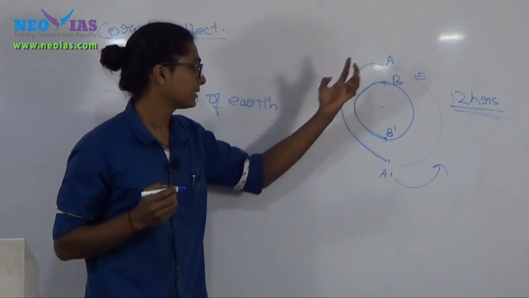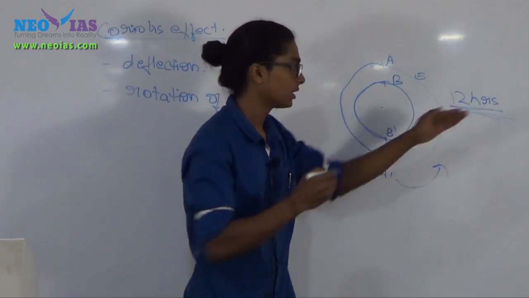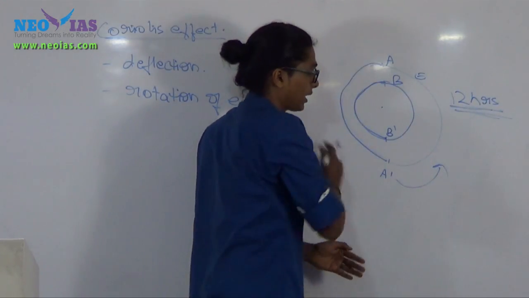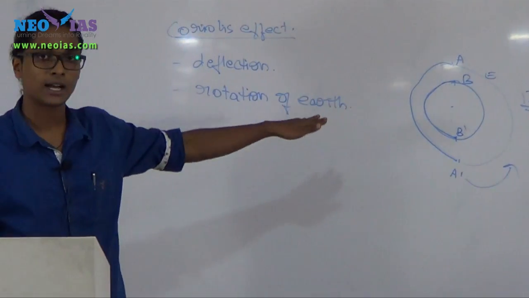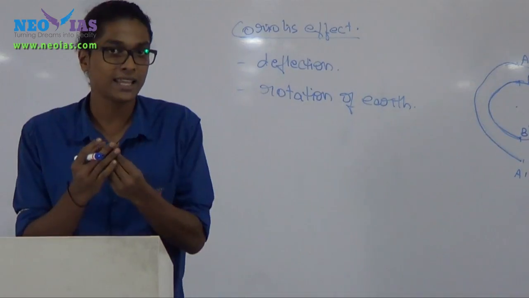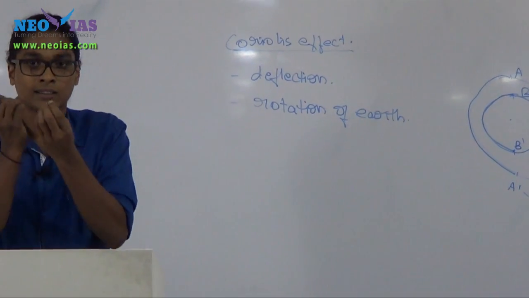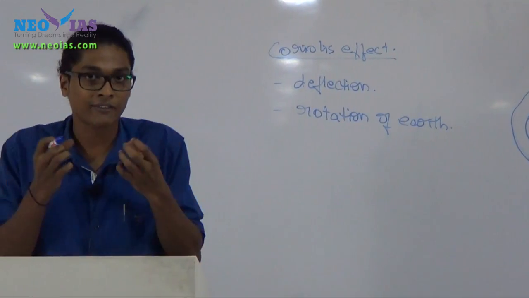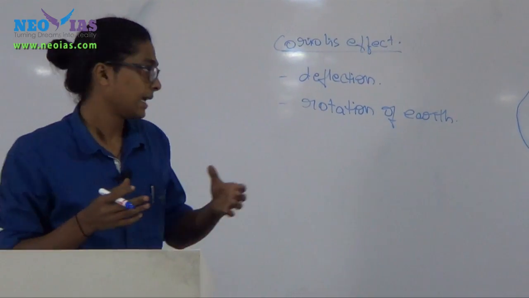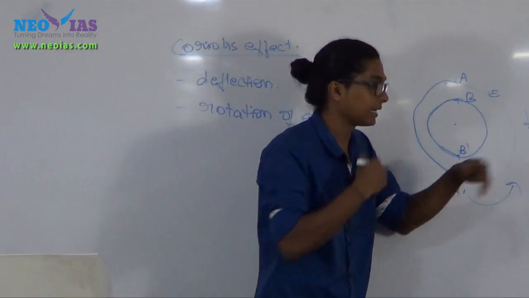So more distance travelled in the same time means the equatorial circle or the equator is rotating with higher speed when compared with the other places. I am not saying that the earth is rotating separately or these places are rotating separately. Rather, this rotational effect is felt throughout the earth differently.